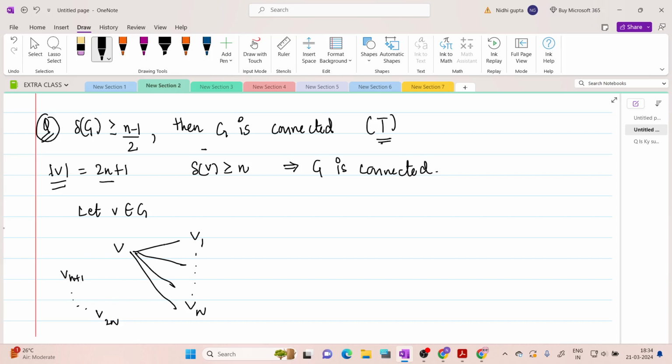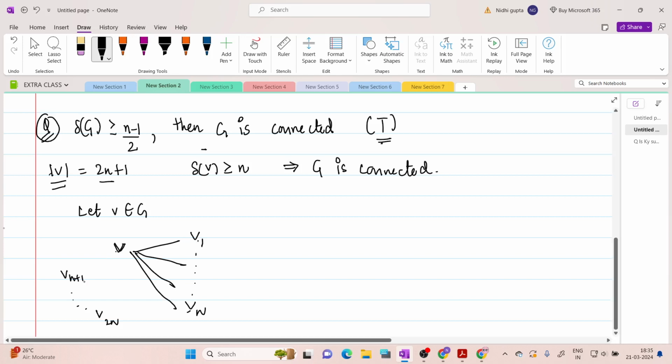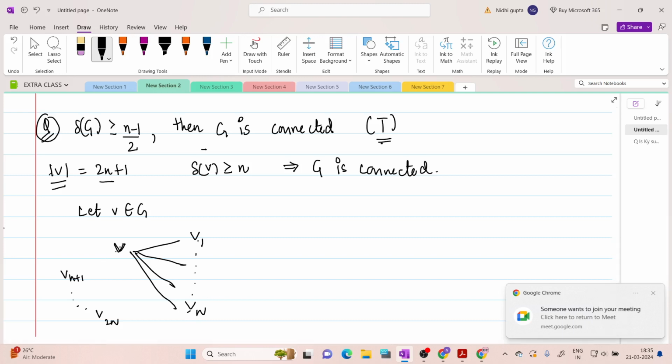Now we have to show that G is connected, that is, there exists a path from v to any of these vertices. We see that v can be connected to v1 till vn. Now suppose v is not adjacent to vn plus 1, then how can we connect vn plus 1 with v? Is there a path between v and vn plus 1?